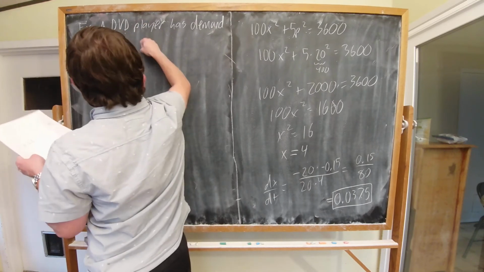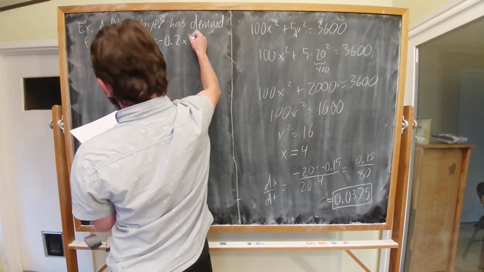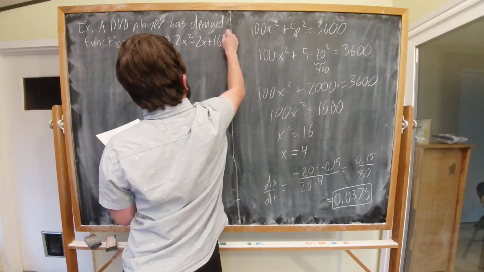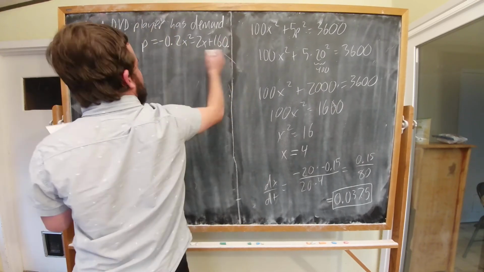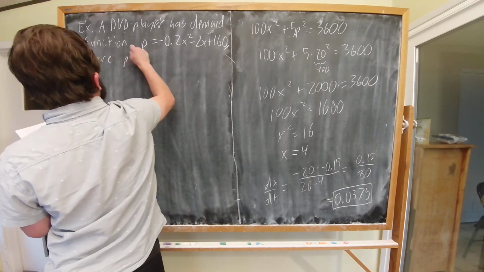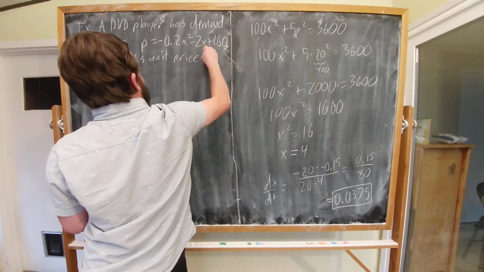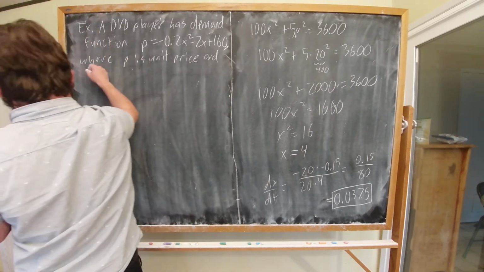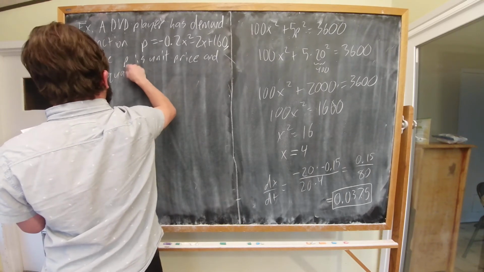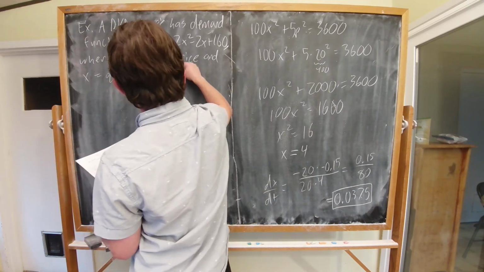And the demand function is going to be p is equal to negative 0.2x squared minus 2x plus 160, where p is unit price and x is quantity demanded in hundreds.